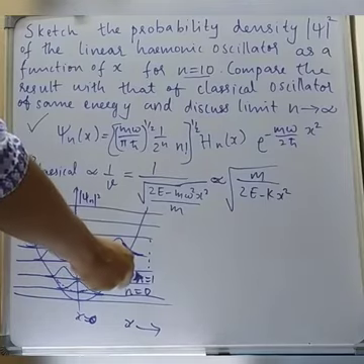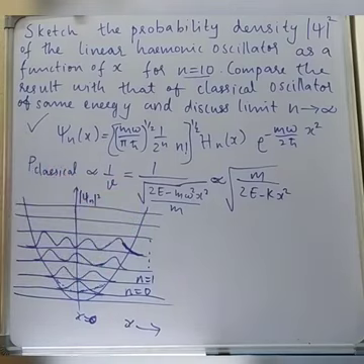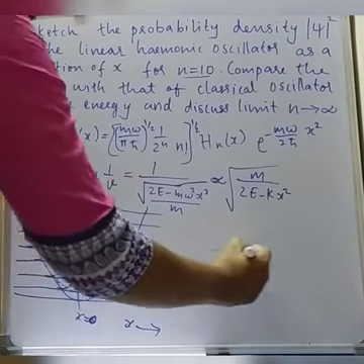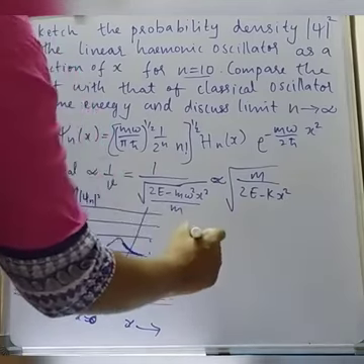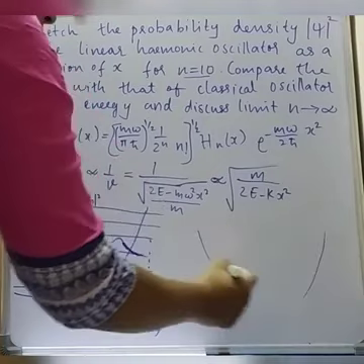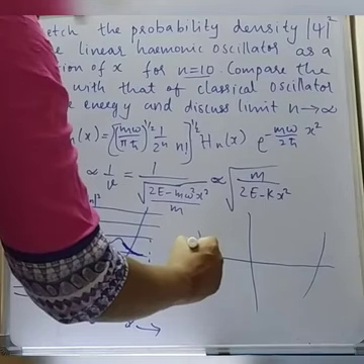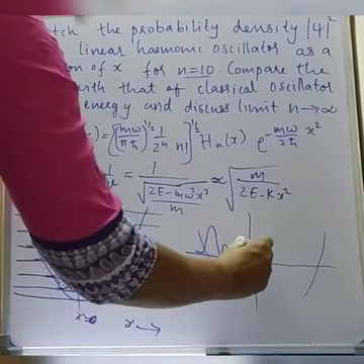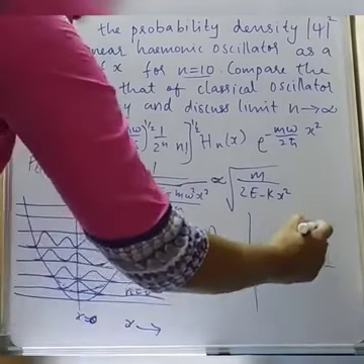So as n goes to 10 or to a higher number, we can say that the classical probability is, I'll just draw it. This is a part of the well. Yeah, this is sufficient.